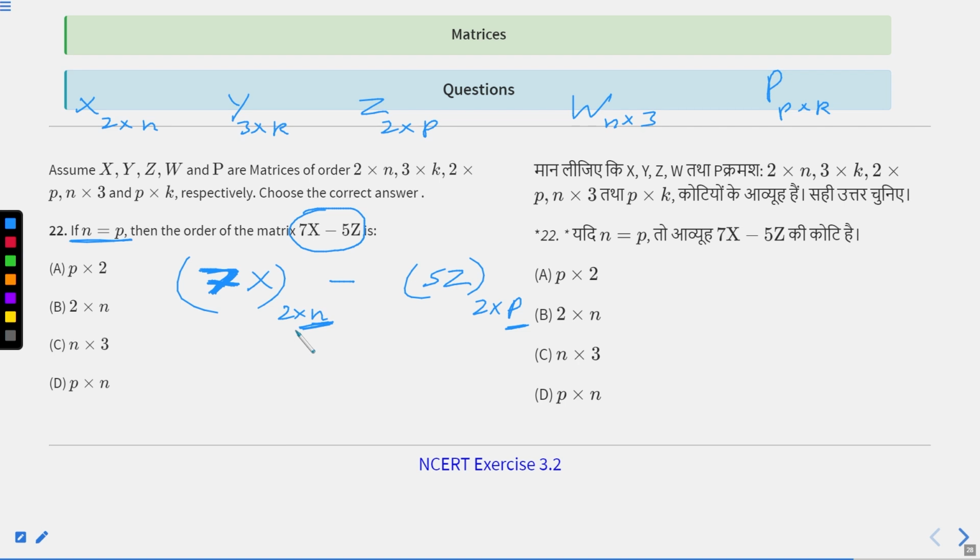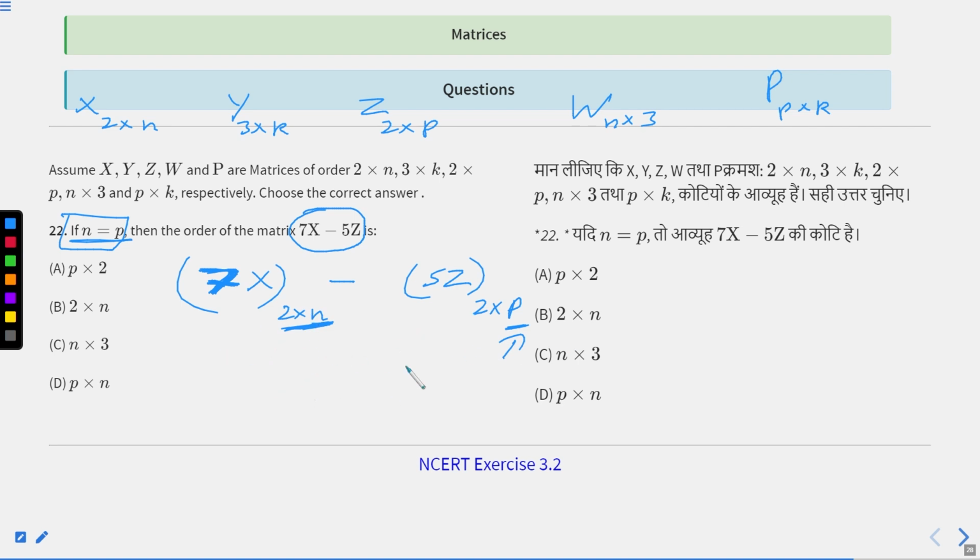Why? If you want to find the sum or difference of two matrices, you must have the same order. As you can see, the number of rows in both of the matrices is the same. The number of columns is n here and p here, but it is already given that n is equal to p, so it is also the same. So this means you can define this difference.